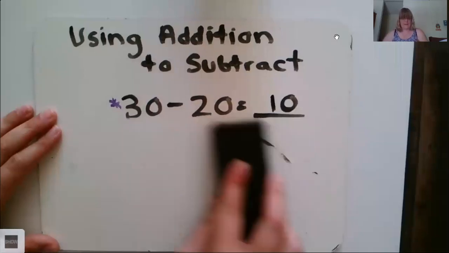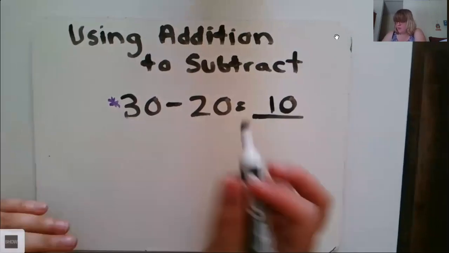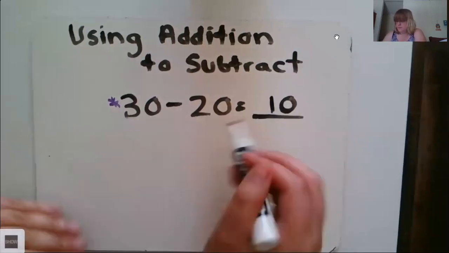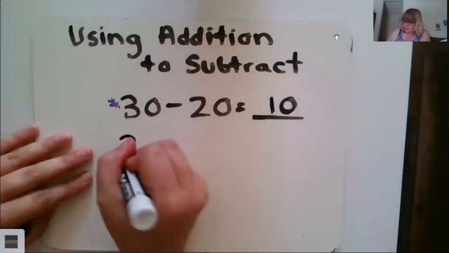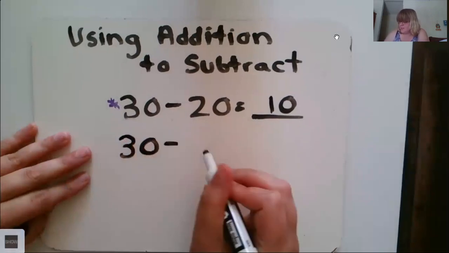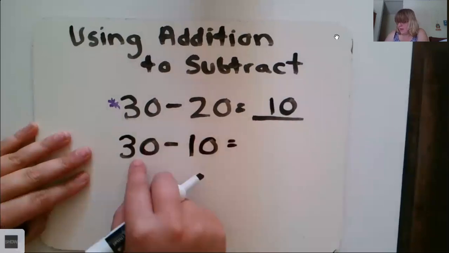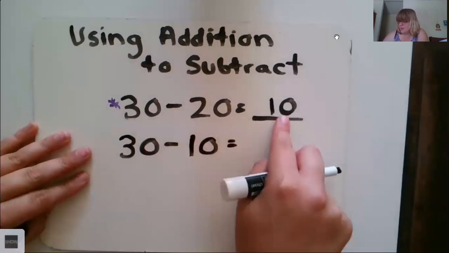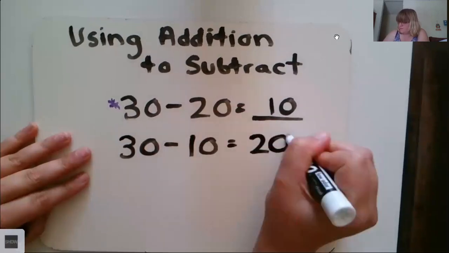So without having to solve anything now, I know that 30 minus 20 equals 10. I can keep 30 as my big number for another subtraction problem. I can subtract 10 instead. And I know that if I have 30 minus 10, I must have this 20 left over.